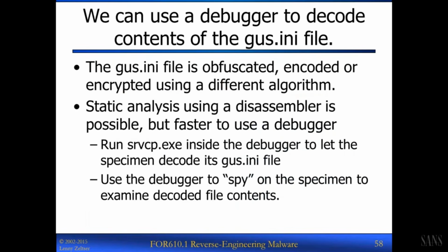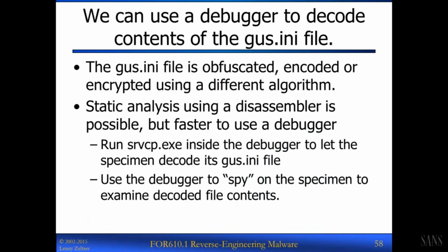And so we can perform a combination of static code analysis and debugging to find that information out. More specifically, we can run SRVCP in the context of a debugger and see if it tries to decode that gus.ini file. And if it is in fact reading that file and decoding it, well, perhaps we can find out precisely what's contained within it.